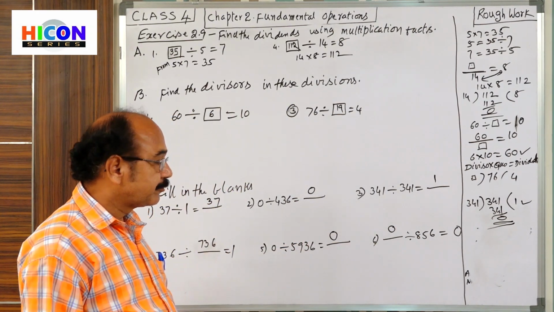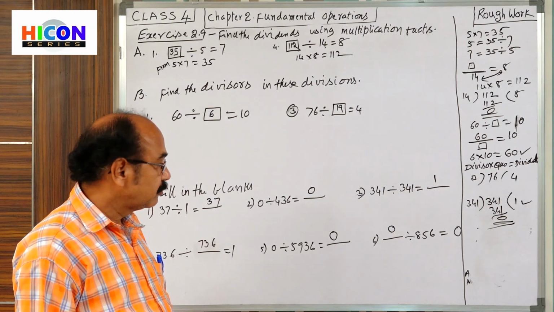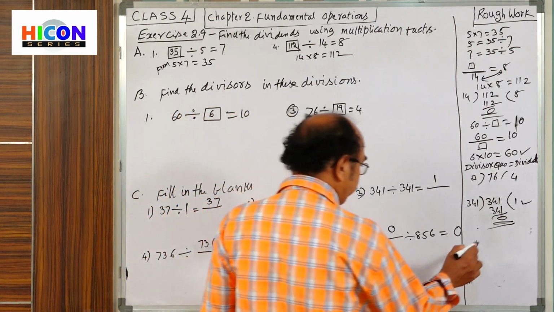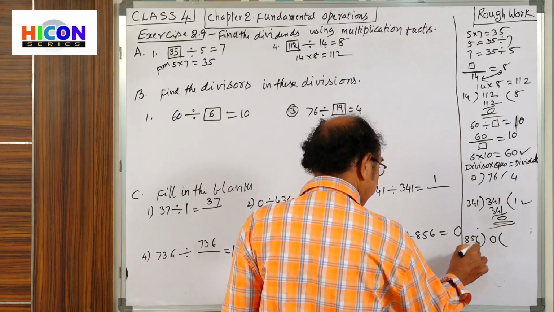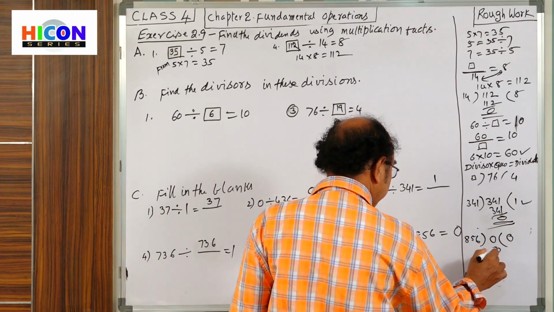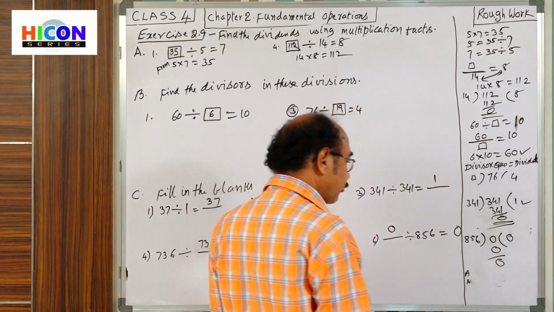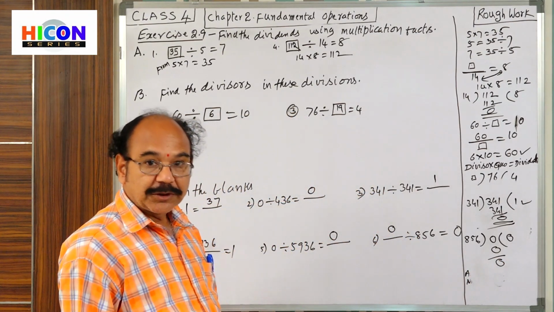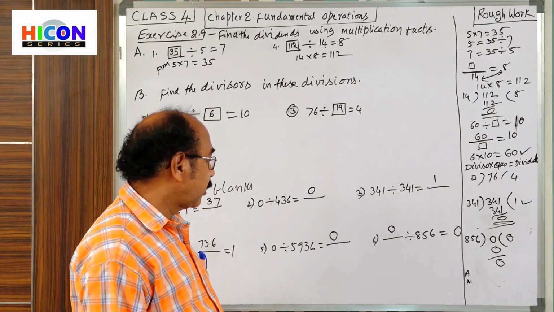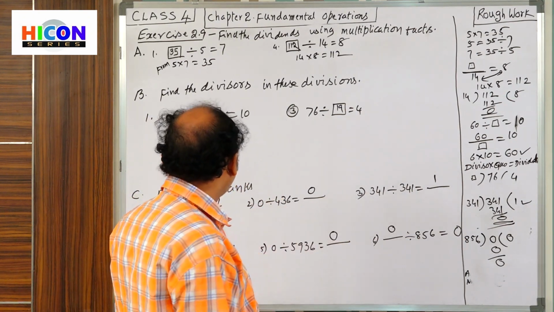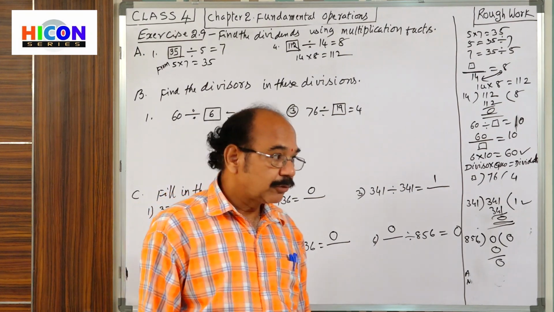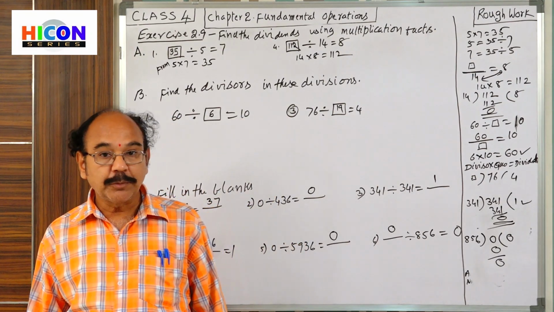Okay, students, here 0 is divided by 856. 856 zeros are 0. That's why we write 0 by something is equal to 0. Like this we fill up the blanks.